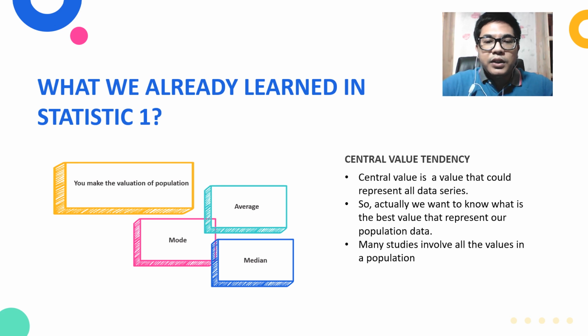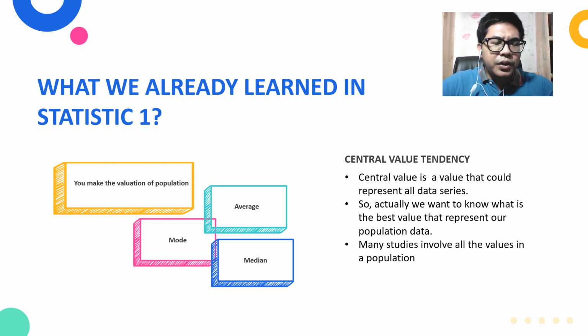By studying the central value tendency, we actually want to know what is the best value that represents our population data. From these three values, which one best represents our population data?